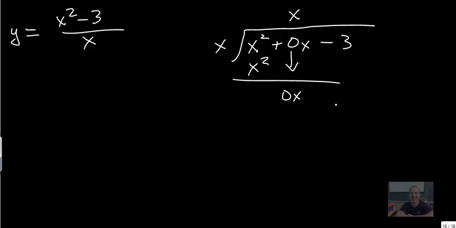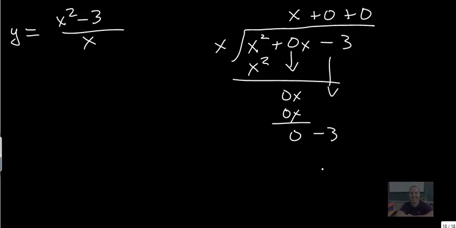0. X times what gives you 0x? Well, plus 0. Okay, fine. 0x. Do your subtraction. 0. Bring down the -3. X times what gives you -3? Nothing. 0.